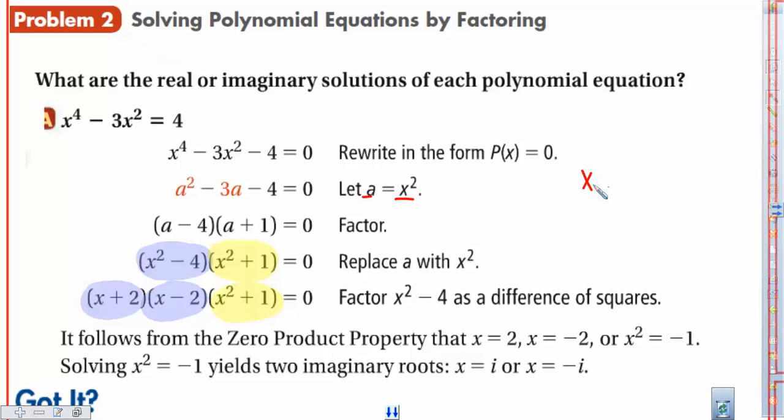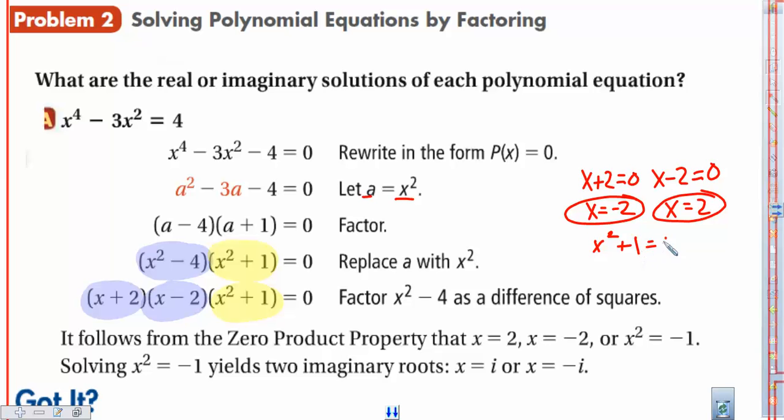So either x plus 2 could be 0, which means that x could be negative 2 when you subtract 2 from both sides. If x minus 2 is equal to 0 and I add 2 to both sides, now I get a solution there. Now because x squared plus 1 could be equal to 0, I could subtract 1 from both sides, which then would put me in this position.